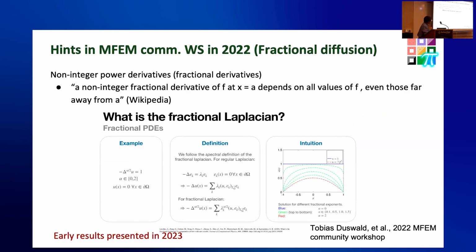Okay, three years ago at this workshop, I encountered this slide, which Tobias presented, about the fractional Laplacian, the fractional diffusion equation, where basically the Laplacian is not a Laplacian, but has an alpha which is not 2.